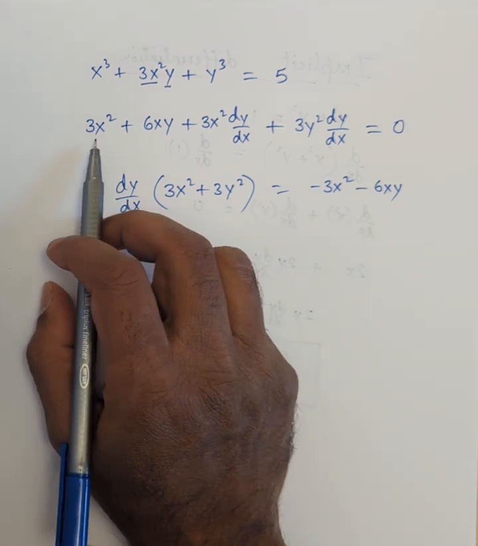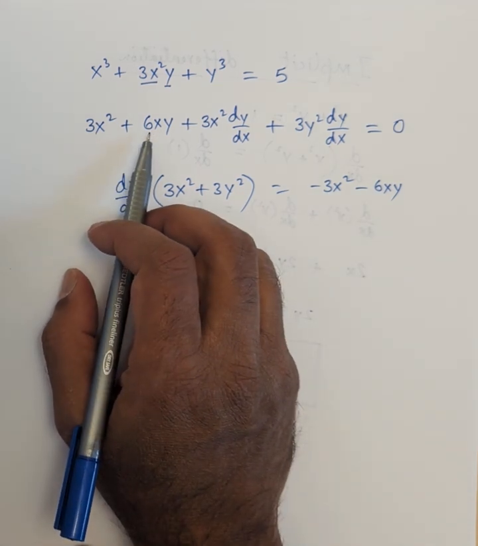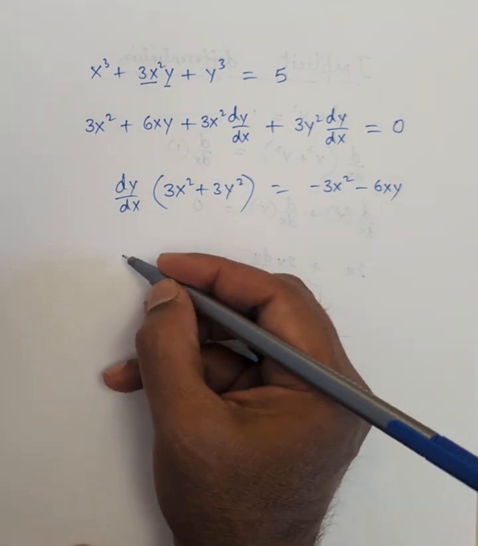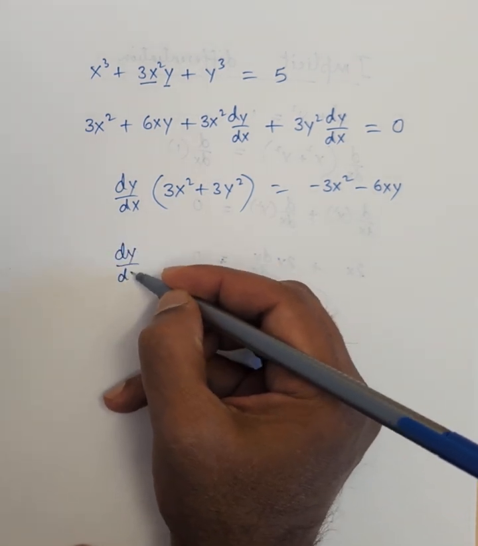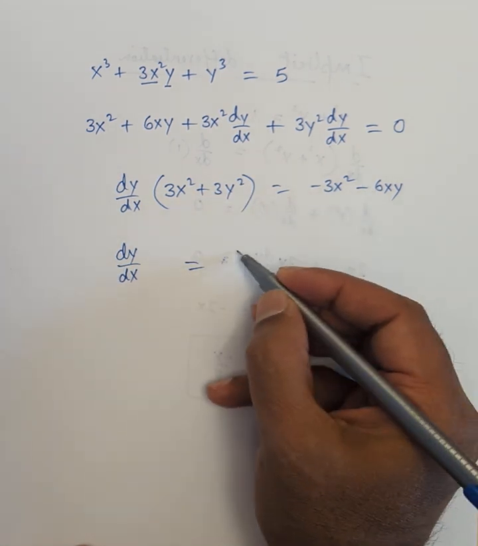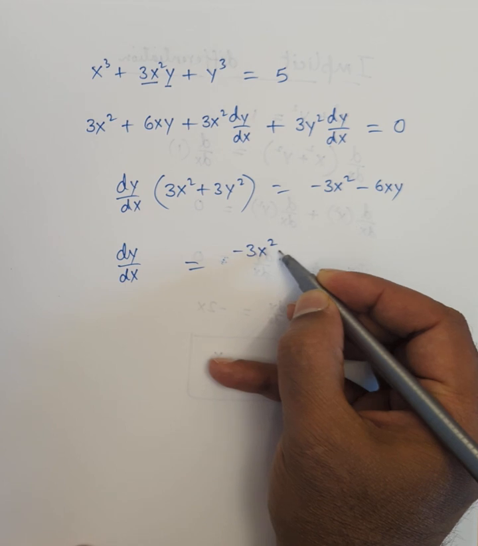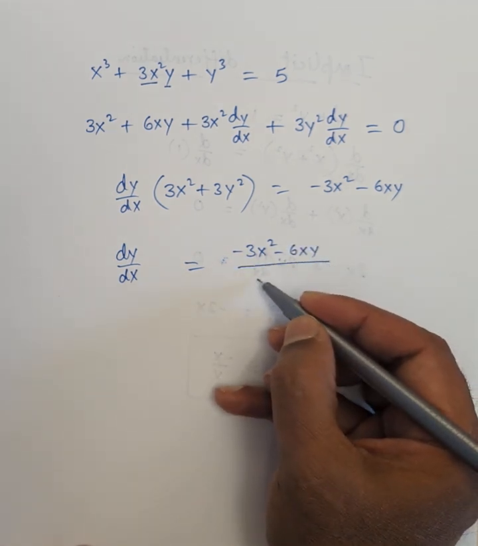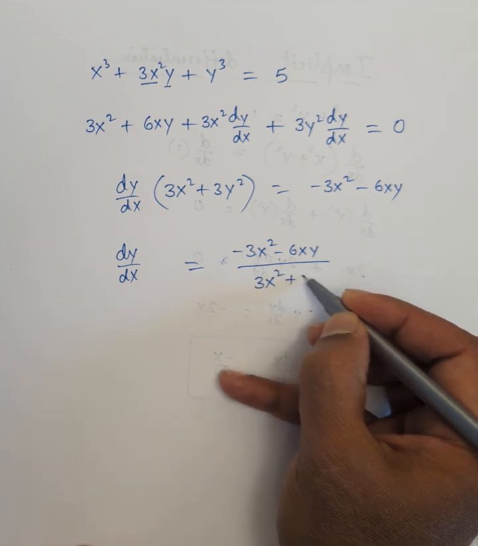It's like subtracting 3x squared from both sides and subtracting 6xy from both sides. And finally, to get dy over dx, we just have to divide both sides by this expression. So let's write down negative 3x squared minus 6xy over 3x squared plus 3y squared.